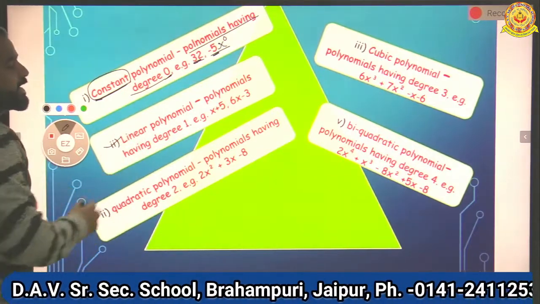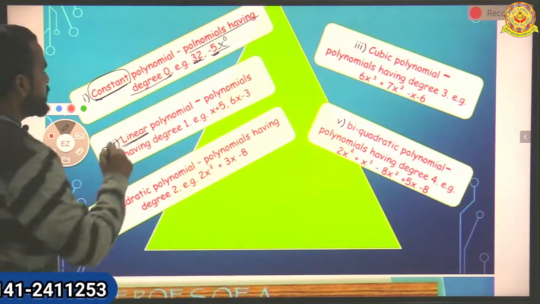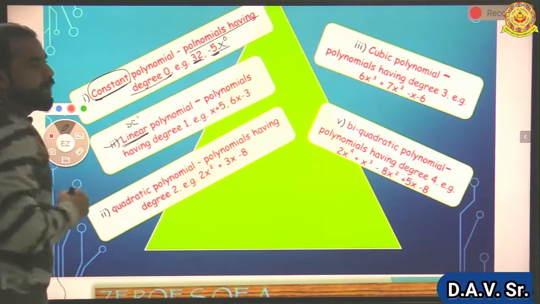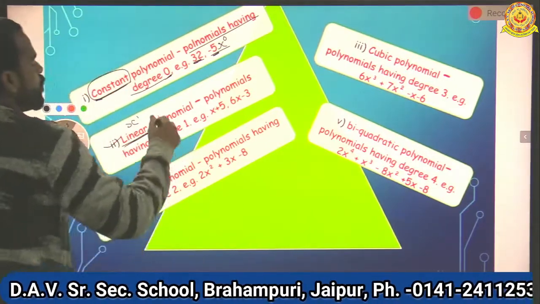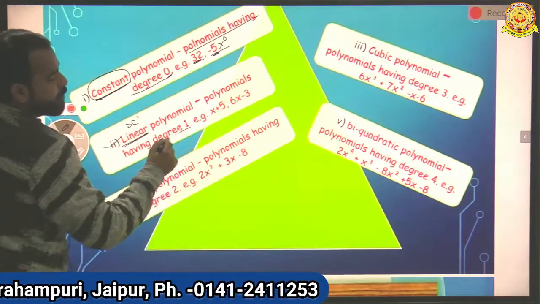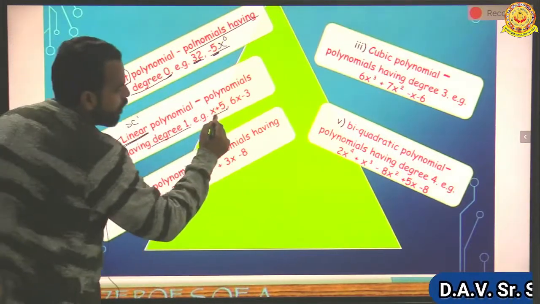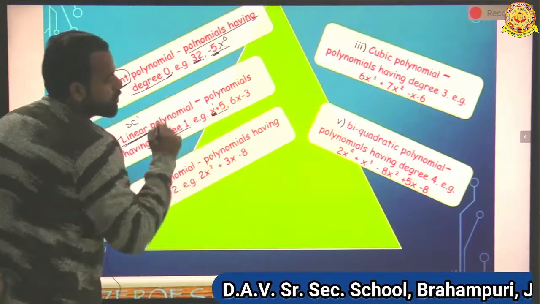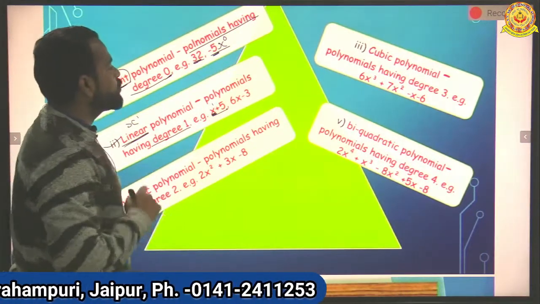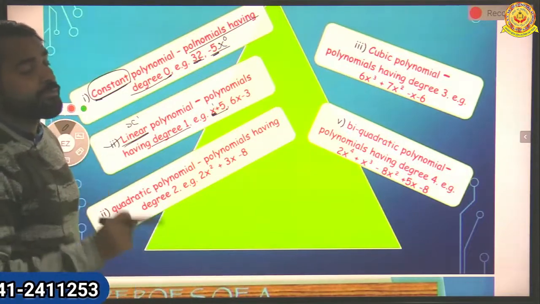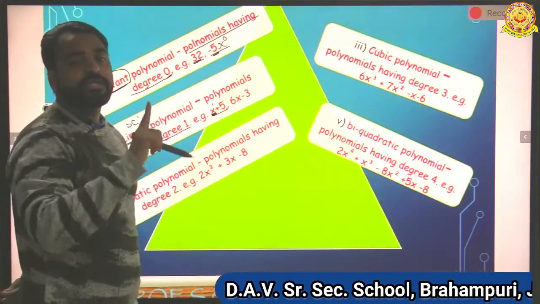Second is linear polynomial. We know that linear means when the variable has power 1. That means a degree 1 equation is called a linear polynomial. So for a polynomial of degree 1, for example x plus 5, we can see on the variable there is no power, so we can consider it as 1.